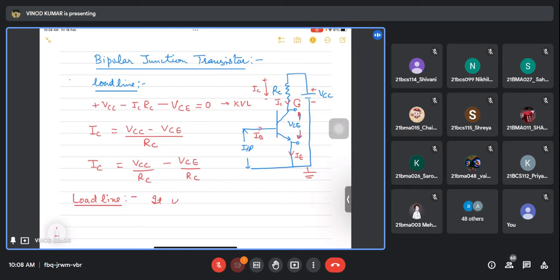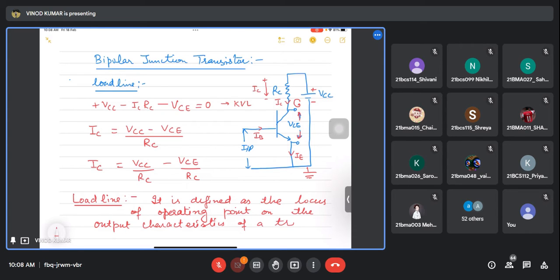It is defined as the locus of operating point on the output characteristics of a transistor. Okay.